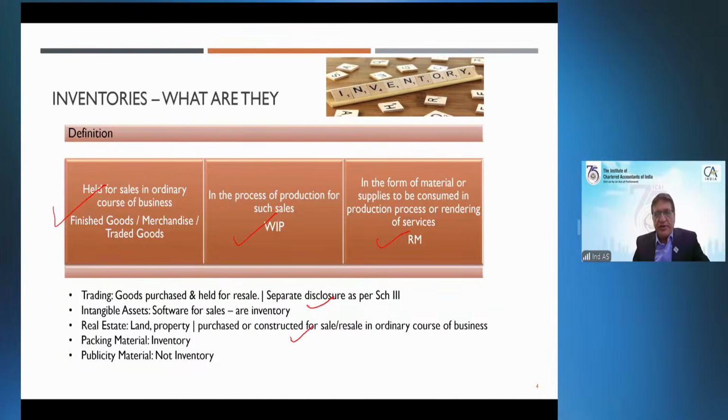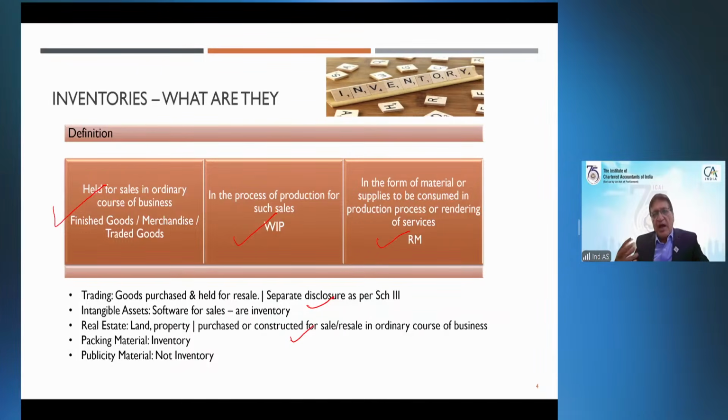A simple question. Friends, in case of packing material, let us be very clear. The material which is necessary to sell the inventory in a particular packaged form, say for example, a bottle in case of a cold drink or a pouch in case of maybe a mouth freshener, could be a basic packing material.